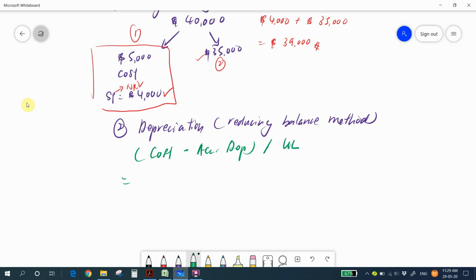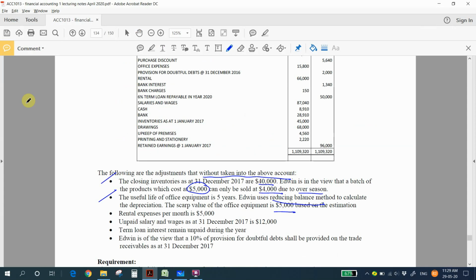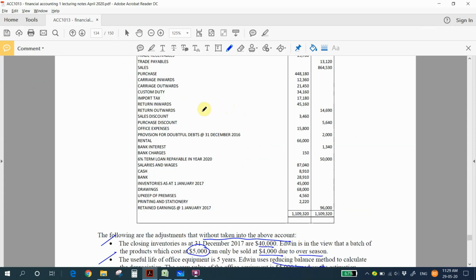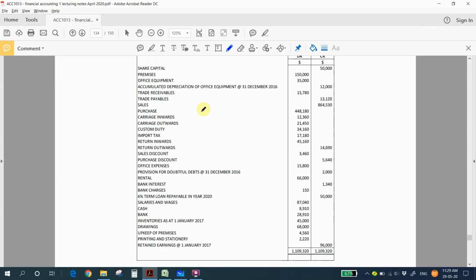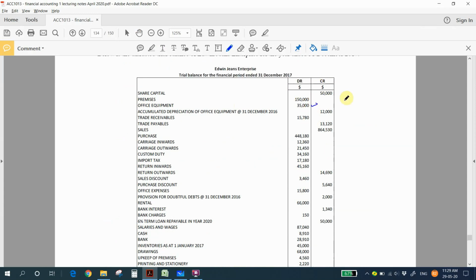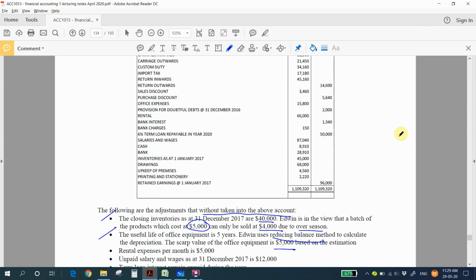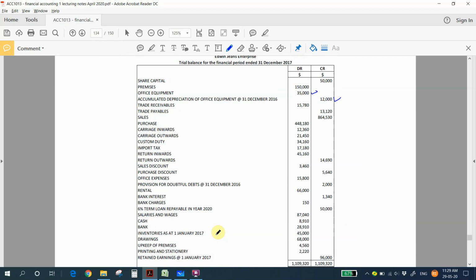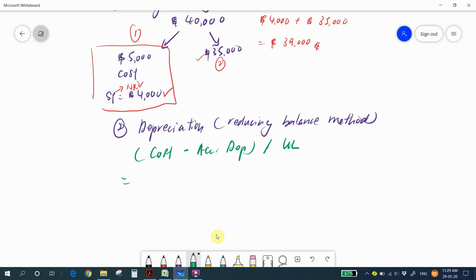So let's look at the question. Let's have a look at the office equipment. We know that for office equipment, the cost is 35,000, and the total accumulated depreciation up to the previous financial year is 12,000. Useful life is 5 years. So we apply the formula in this way: 35,000 minus 12,000 divided by 5.